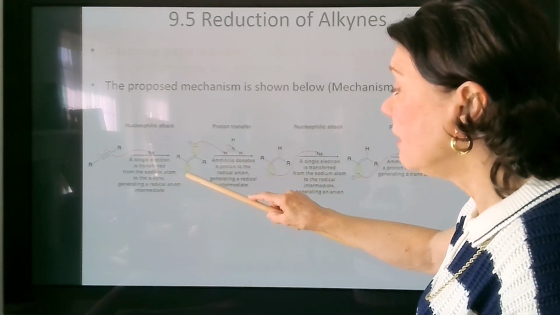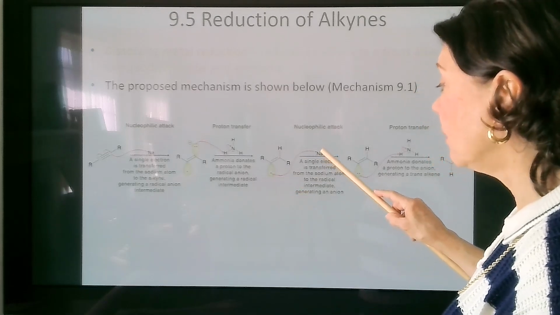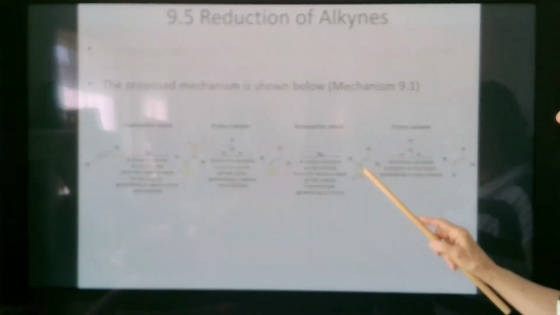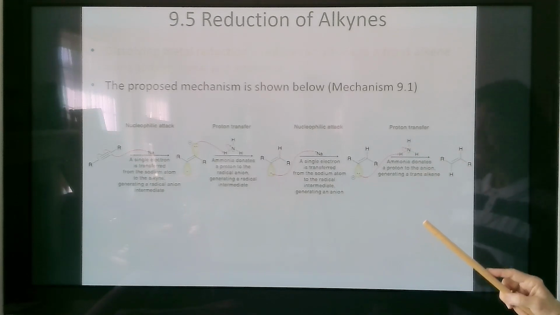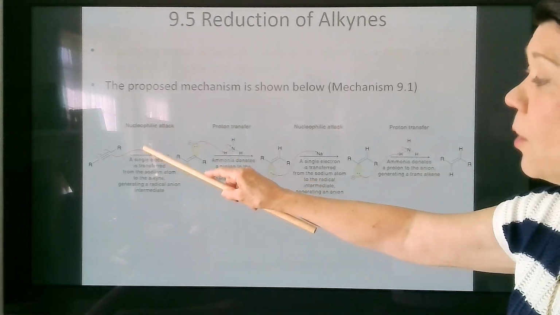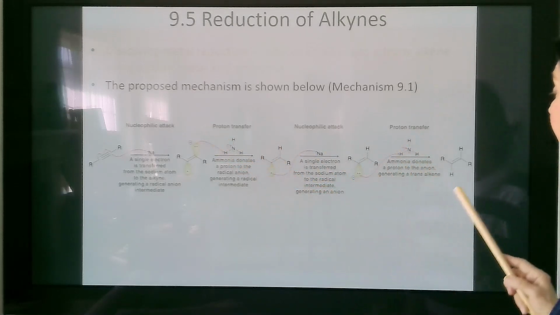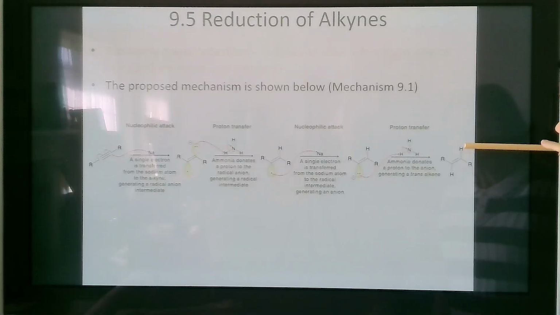You have the unpaired electron left over here, and sodium metal adds another electron, so that once again you have another anion, and it deprotonates ammonia again. And so you have sodium donating the electron and ammonia donating the proton. And so now you have added the hydrogens to the two carbons to give you the trans product.